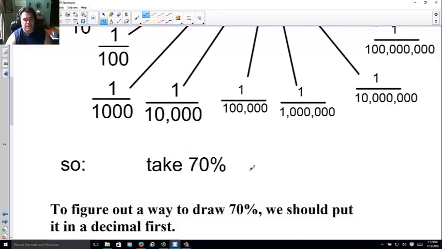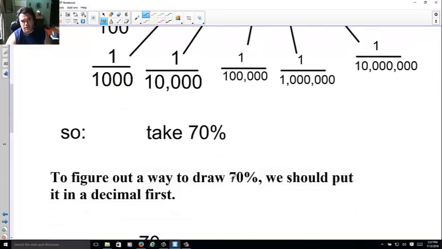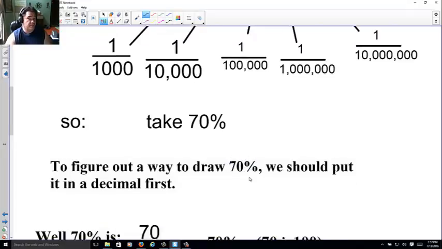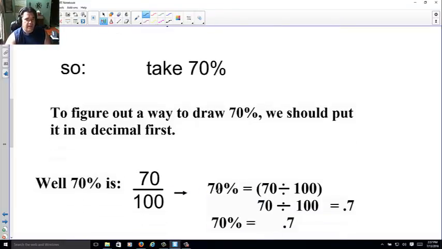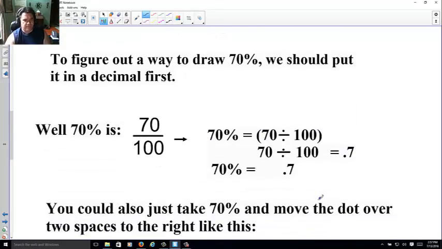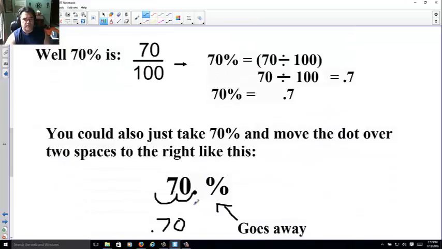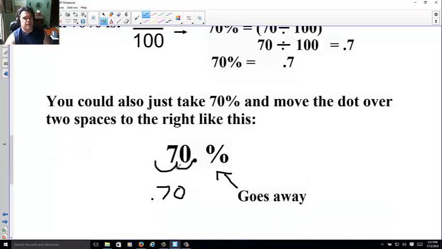So take 70%. All you have to do is say, okay, 70%, percent means over 100. So 70 over 100. Okay, no big deal. And then if you want, you can just take 70 divided by 100 with your calculator and get 0.7. No biggie. Or you just go 2 spaces to the right, as we talked about before, and that gives you 0.7. 1, 2.